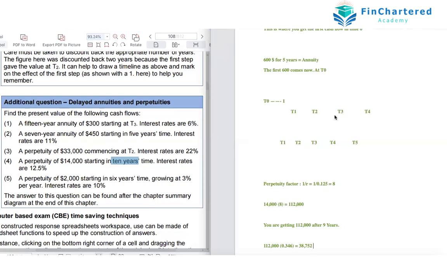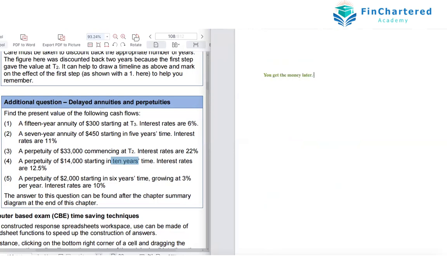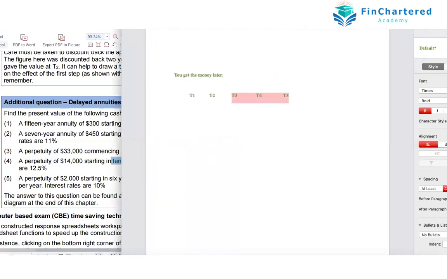Whatever it is, guys, delayed annuities and delayed perpetuities, what is happening is you get the money later. Suppose, for example, normally you're supposed to get it in time 1. But in delayed annuity or perpetuity, the method for both is the same. Suppose you're getting it from time 3 onwards.